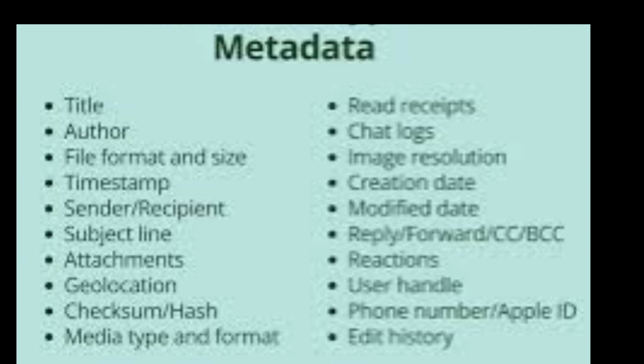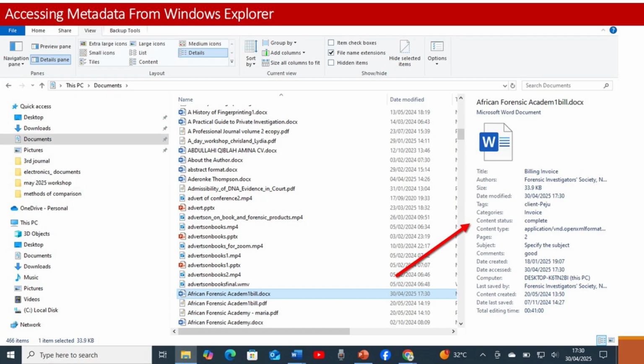As a regular user, you may not be interacting with this metadata, but let me tell us how we can avail it. The simple method: if you are using a laptop with Windows 8 upward, go to the Windows Explorer or a folder, locate the file, go to View, then go to Details.